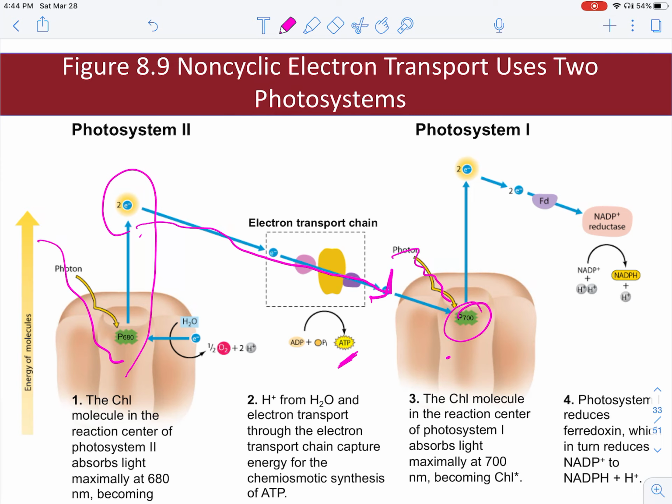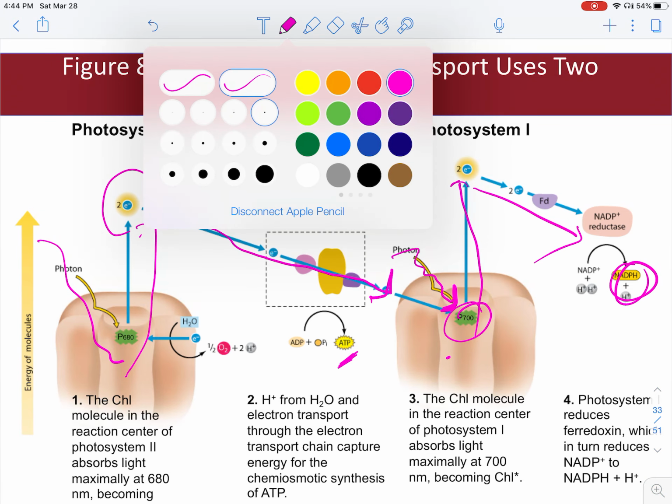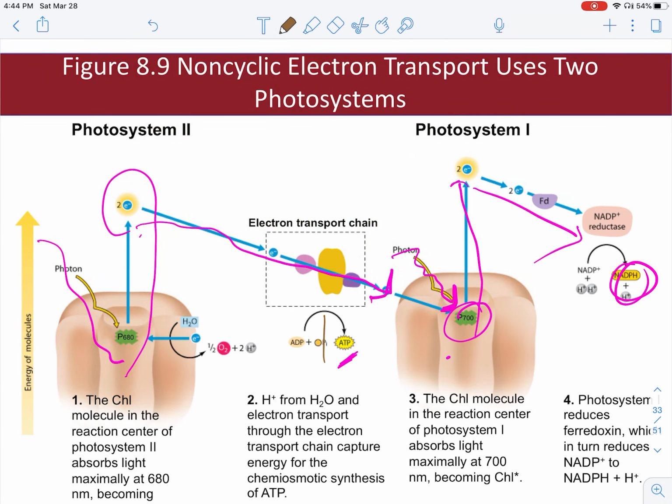It gets reactivated by more sunlight. This high energy electron then goes into an electron carrier, NADP plus, to form NADPH. It is these things, ATP and NADPH, that go on into the Calvin cycle.